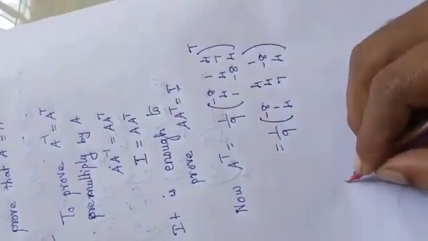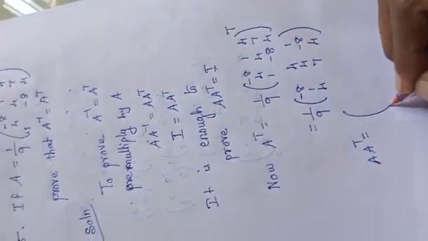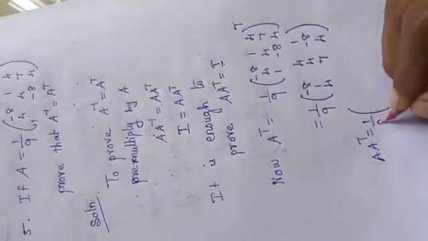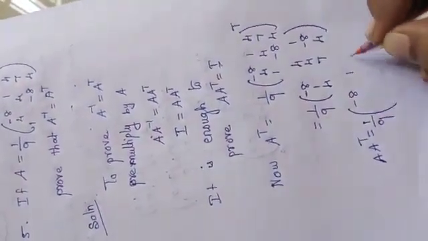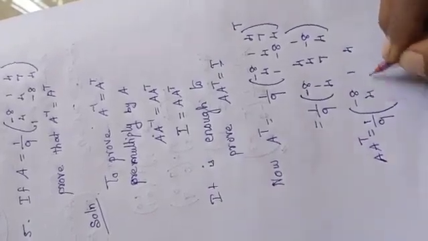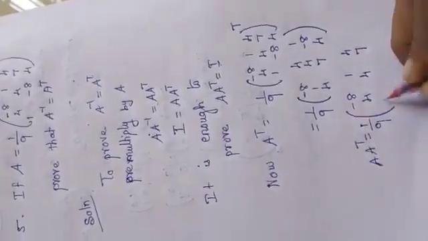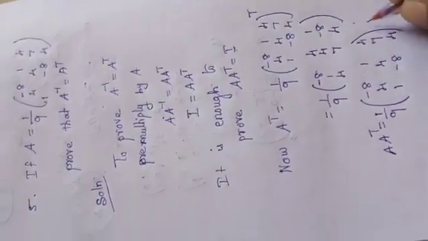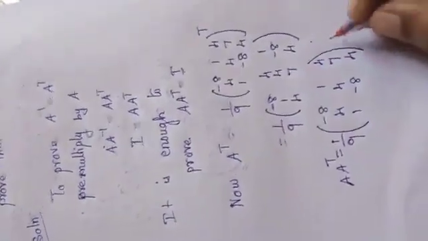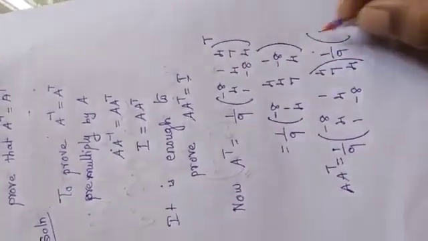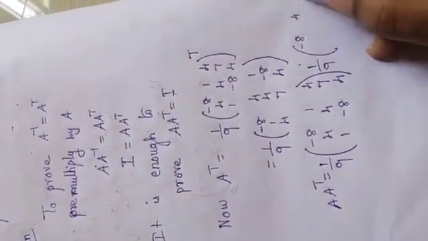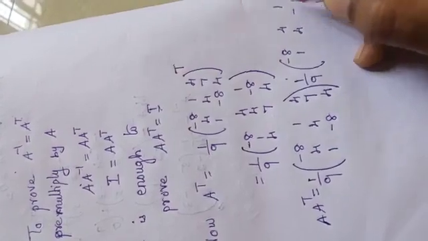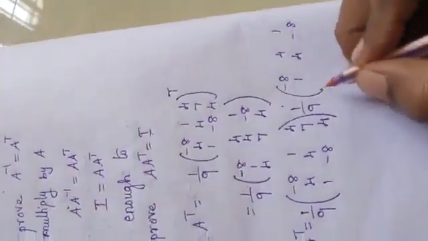Now I am going to multiply A into A transpose. Matrix A: 1 by 9 minus 8, 1, 4, 4, 4, 7, 1, minus 8, 4 into again A transpose: 1 by 9 into minus 8, 4, 1, 1, 4, minus 8, 4, 7, 4.